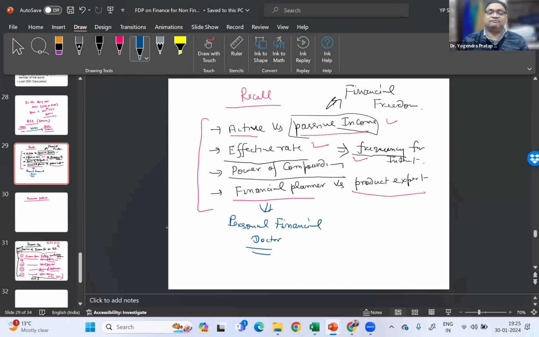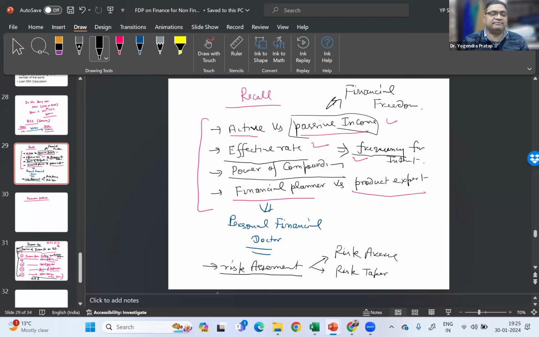Same with financial planning. Each individual has their own income level, saving level, and risk appetite. In personal financial planning, first you will assess the risk. Risk assessment of an individual is very much important because you don't know whether you are risk averse. There is a scientific mechanism to calculate whether you are risk averse or a risk taker, meaning aggressive or conservative.